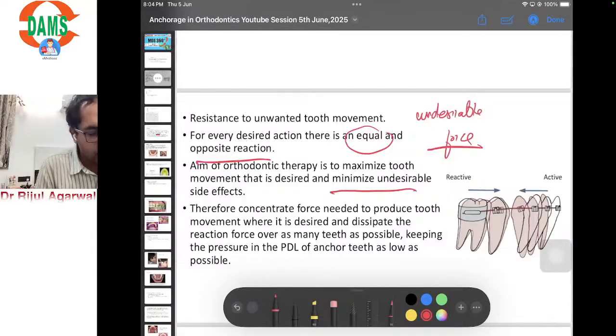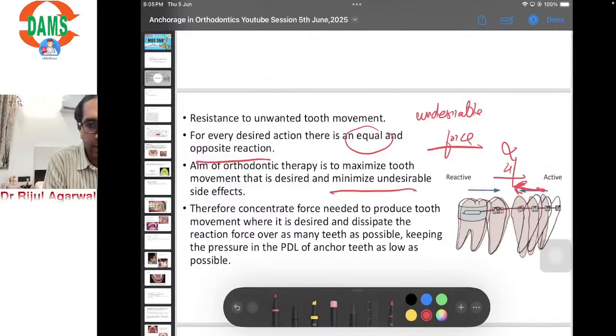So in this image, the 4 is extracted and we are retracting the anterior teeth with an active force. As I've said, for every desirable tooth movement there is an equal and opposite reaction. What we desire is to retract the anterior teeth into that empty space.